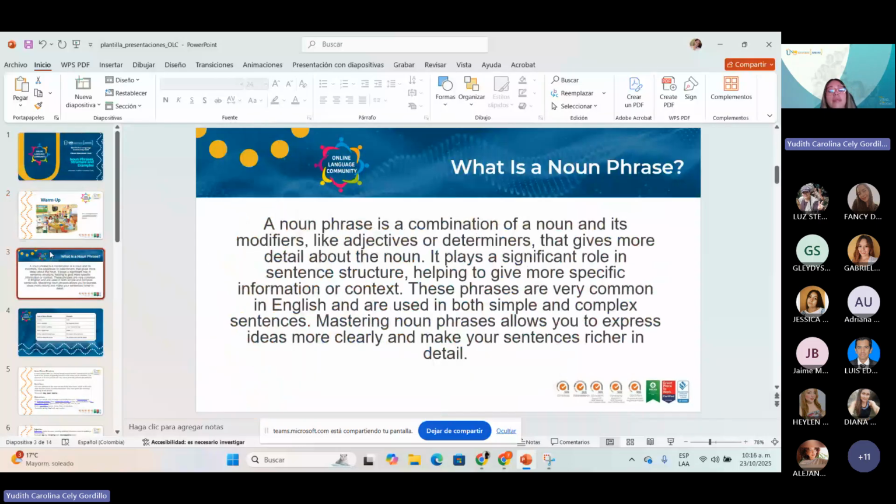This is about noun phrases. A noun phrase is a combination of a noun and its modifiers, like adjectives and determiners, that give more details about the noun. Remember, you are going to use all these words because you are going to describe the noun. The noun is what you speak about. It plays a significant role in the statement structure, helping to give more specific information or context.